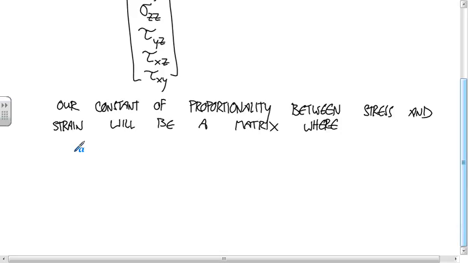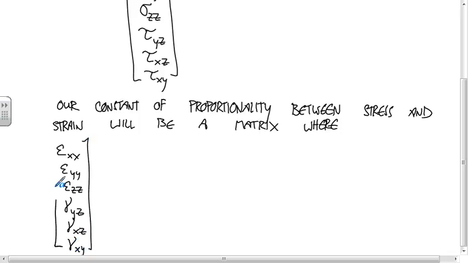So usually we're going to have the strain equal to a matrix times the stress.